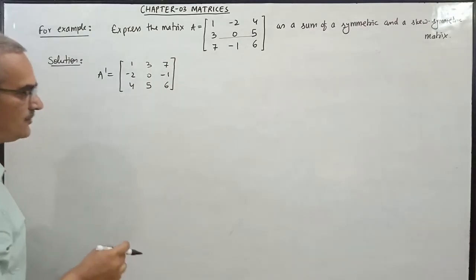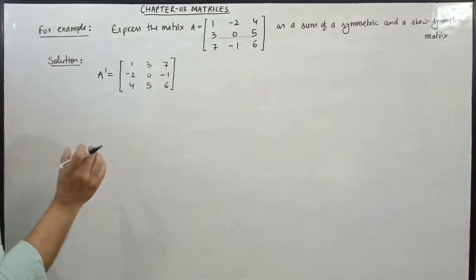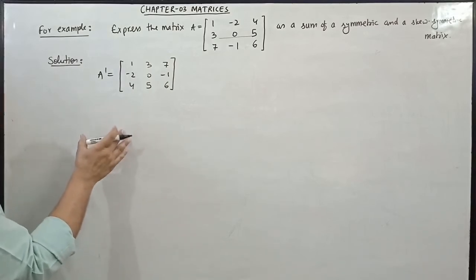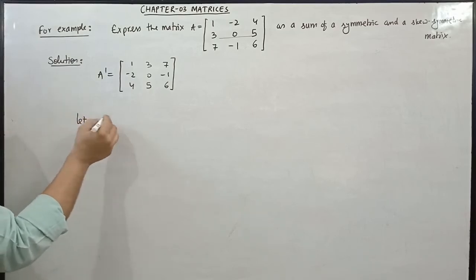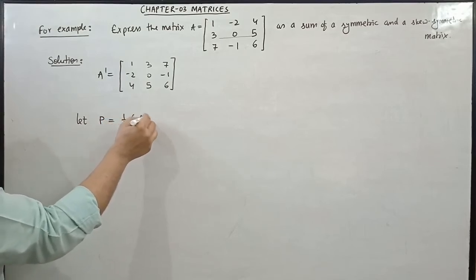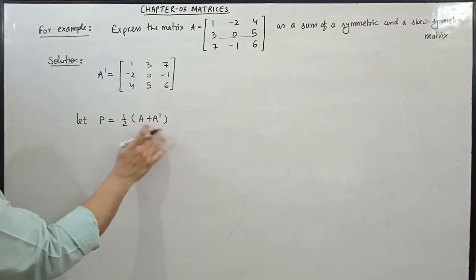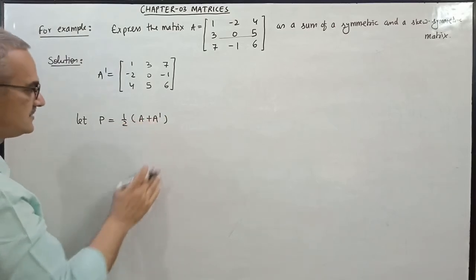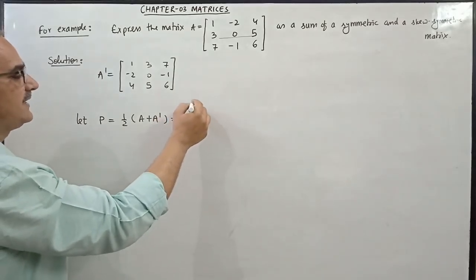In the theorem you have seen that A plus A dash by 2 is symmetric and A minus A dash by 2 is skew symmetric. So first we have to find out A plus A dash by 2. So let P be equal to half of A plus A dash.